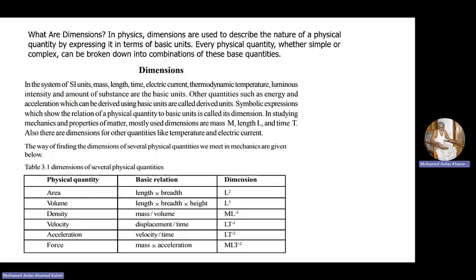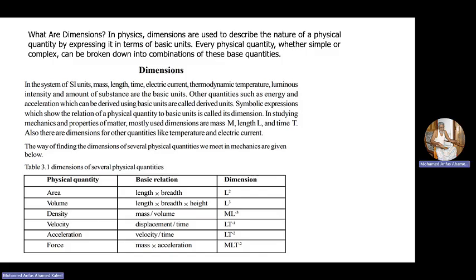In the system of SI units, as we already know, mass, length, time, electric current, thermodynamic temperature, luminous intensity, and amount of substance are the basic SI units.